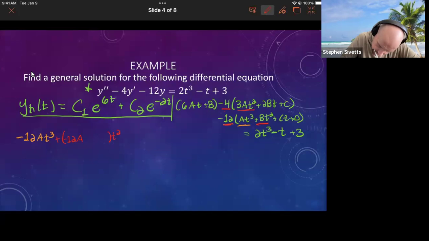And then, oh, I'm sorry, minus 12b. I've got to be careful here. Minus 12a t squared. Okay. All right.